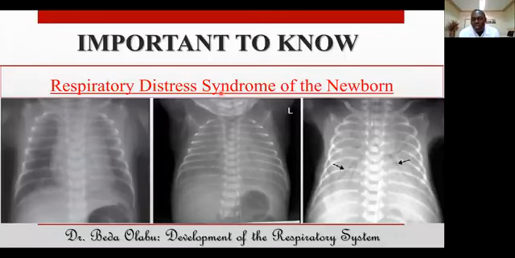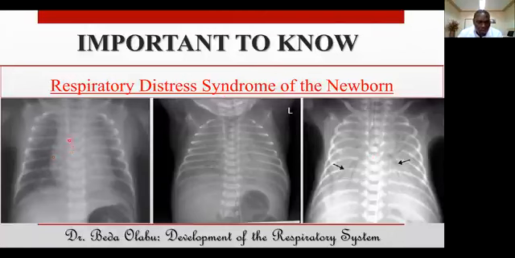If their alveoli collapse, the gas exchange is not efficient. So the child will present in respiratory distress. That's what we call respiratory distress syndrome of the newborn. Pathologically, we call it hyaline membrane disease. So sometimes you can come across the term hyaline membrane disease. It is the same as respiratory distress syndrome of the newborn.